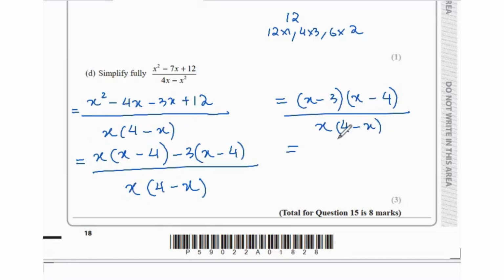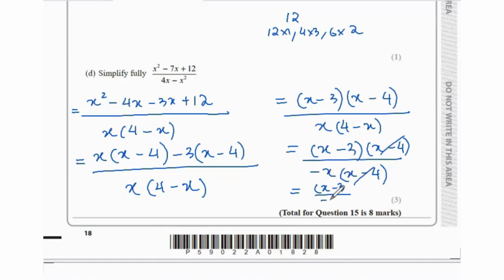If we take the negative sign common outside in the denominator, what we'll have is negative x times (x - 4). We can cancel out the (x - 4)s and we're left with (x - 3) over negative x. That is your fully simplified answer. Remember, you can always take the negative sign common outside and make sure that you change the signs inside. So when we took the negative one common from 4 - x, it became x - 4 in the bracket.